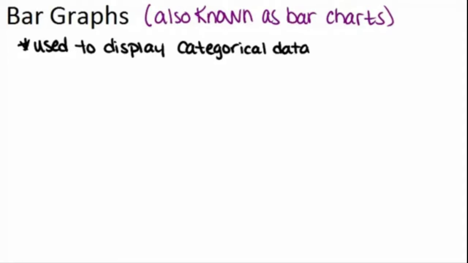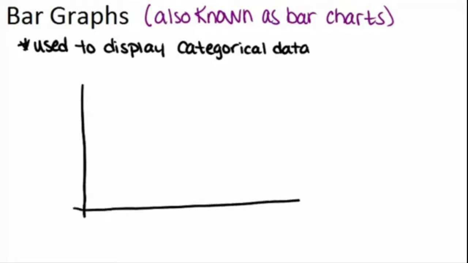So if you want to make a bar graph, you should first set up your axes. You're really going to be working in one quadrant. Then decide on your categories. So in this case, let's just pick three categories: sports, music, and drama.